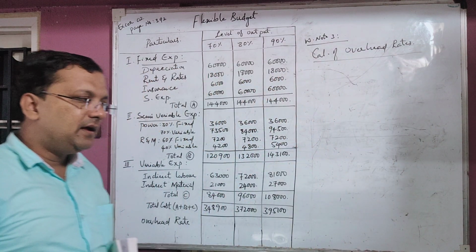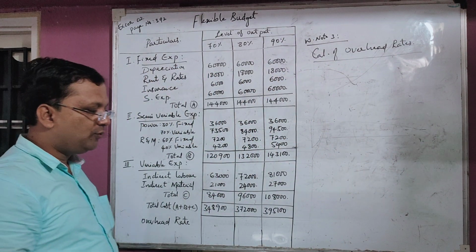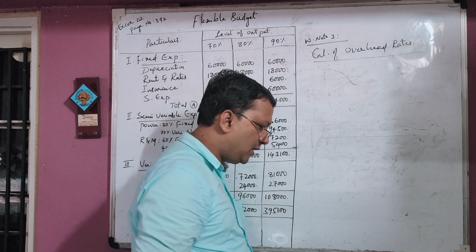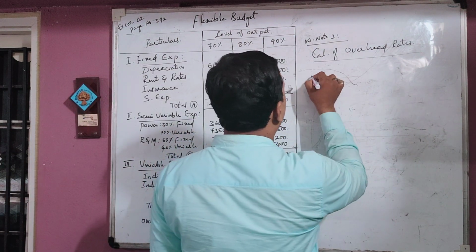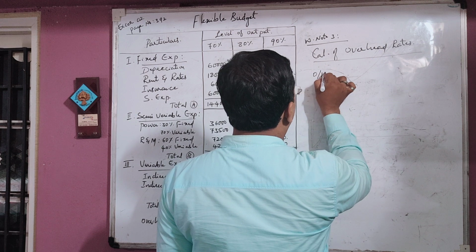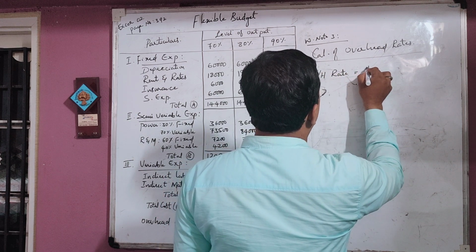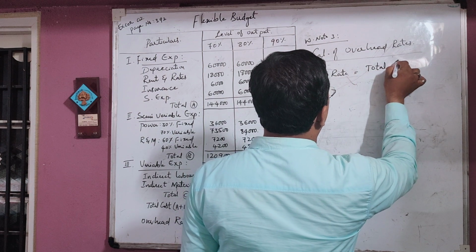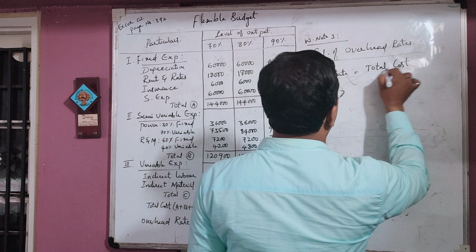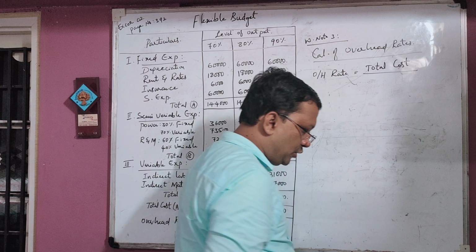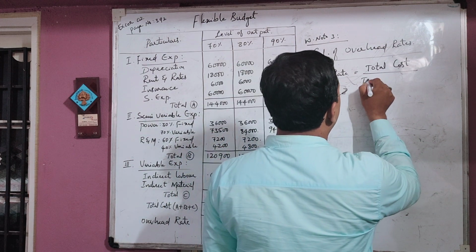At the time of calculation of overhead rates, how do we calculate? Overhead rate is equal to total cost divided by total labor hours.